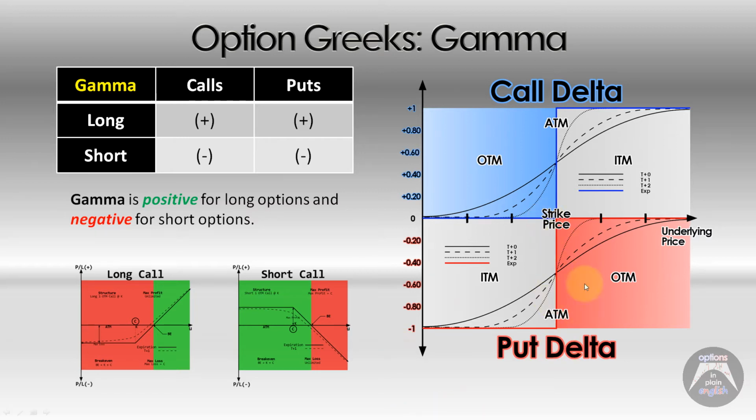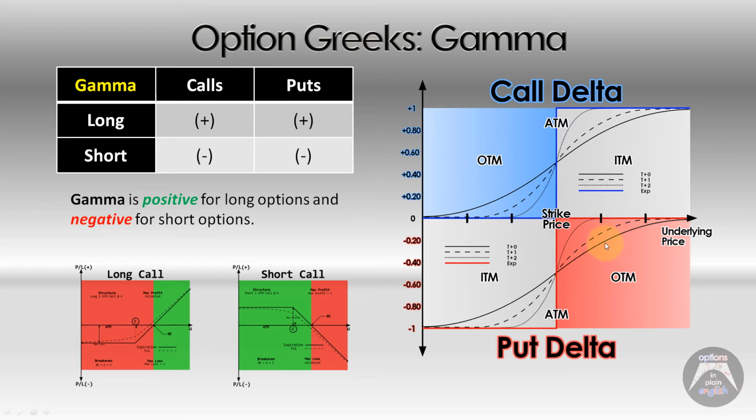For put delta, it's exactly the same, just this is a negative axis, so it's minus 20, minus 40, minus 60, etc. As the price starts going your way, you start getting better, more negative deltas. So if you start here, you have this delta, which is probably minus 20, and things start going your way, and you hit the at the money, for example, then at this point you have minus 50. So you went from 20 negative deltas to 50 negative deltas, which is very good for you if you were long the put.